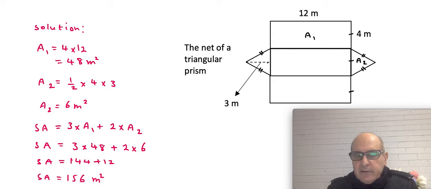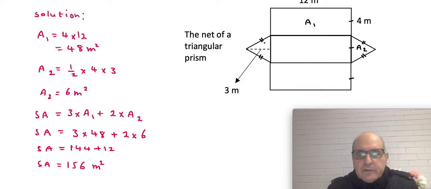That is the height, which is 3, and that's the base, which is the same as this, which is 4, because both of them have got 1 dash. So area of a triangle is half times base times height. So half times base, which is 4, times height, which has been given here, which is 3. So half times 4 times 3 gives me 6.